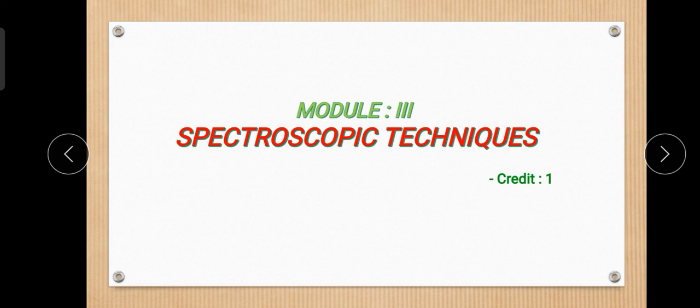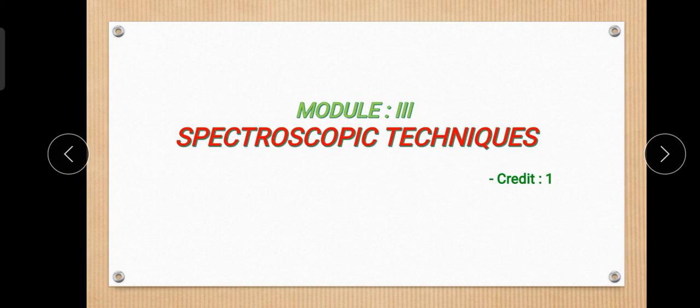All of this depends on whether there is a change in the dipole moment due to absorption of the IR radiation, that means infrared radiation, and according to that we can decide which transition is IR active and which is not. All those things we covered in our previous lecture.